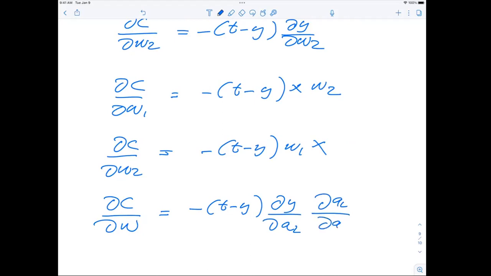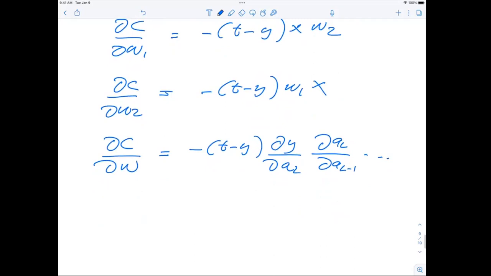If I now propagate backward, to L minus 1, and this would continue all the way till I have dA2, dA1, multiplied with dA1. If this is now the first derivative, then we would simply have this as a chain of operations where we would end up with this equation here.